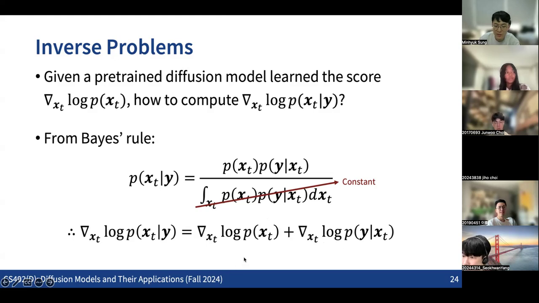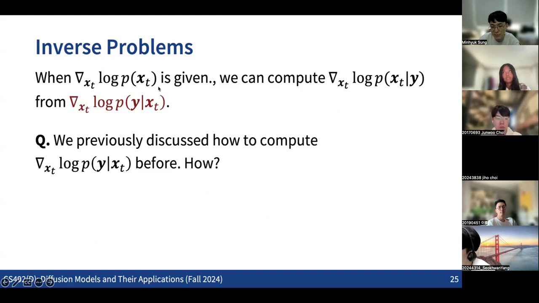So when you assume that the unconditional score is given, the only information we need is the score of y conditioned on xt. If we can compute this specific score, we can do conditional generation based on the unconditional score of xt. So the key in solving the inverse problem using the diffusion model is all about computing this part, right?